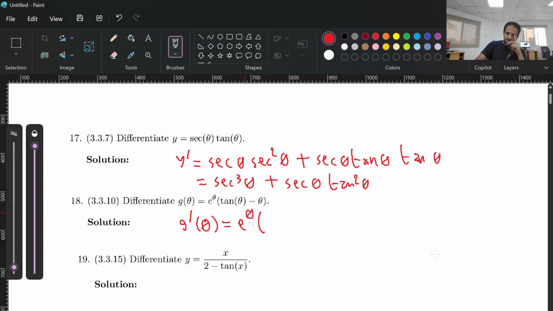What's the derivative of tan theta? Secant squared theta, right? Minus 1, right? Now plus, differentiate e to theta, just e to theta. Keep tan theta minus theta the same thing, right?